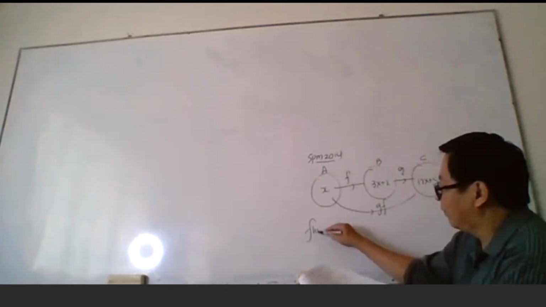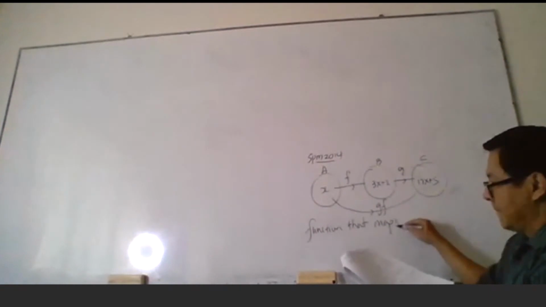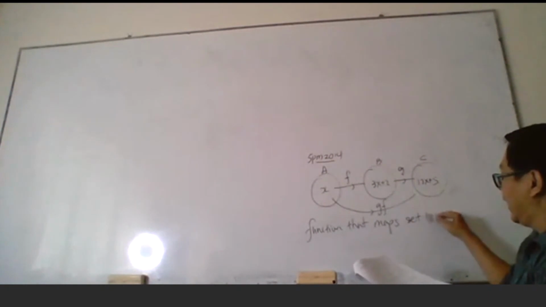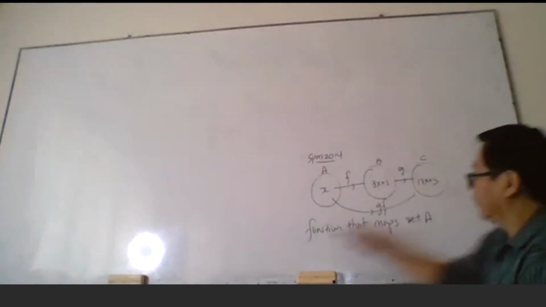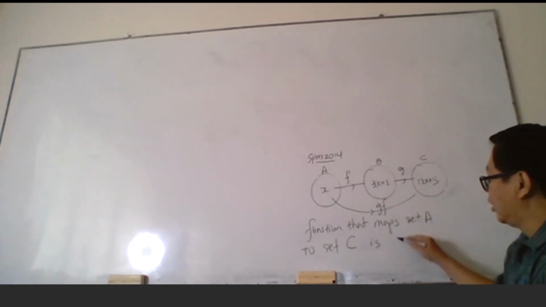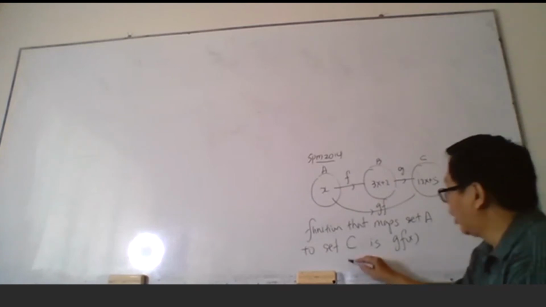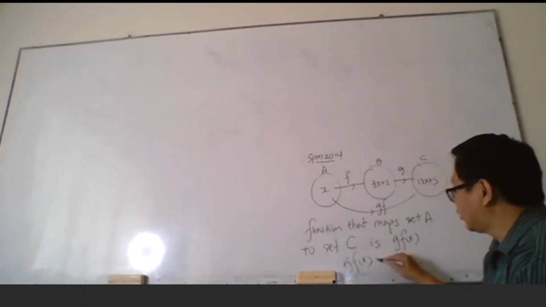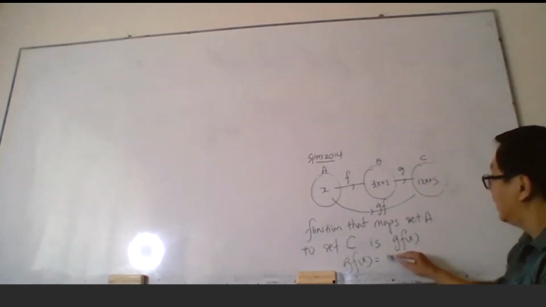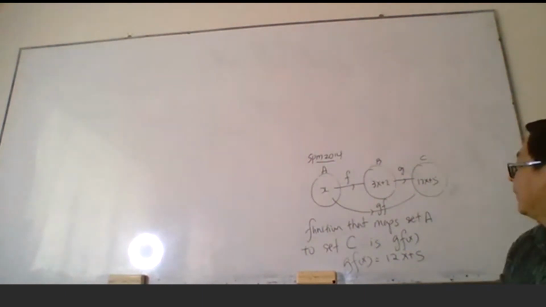So the function that maps set A to set C is actually your gfx, and the answer will be 12x plus 5.